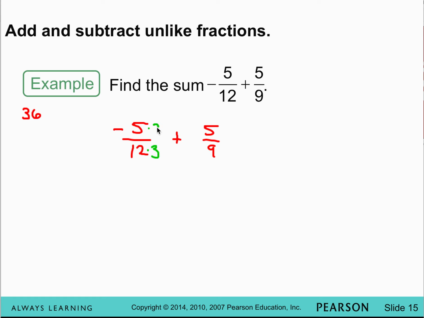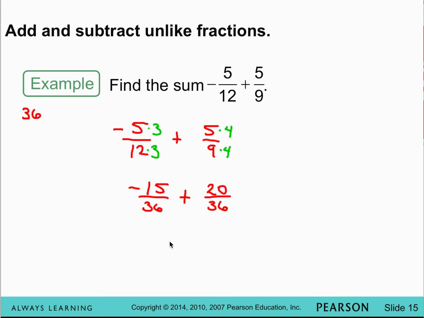Once I figure out what I'm doing to the bottom, I do the same thing to the top. 9 times 4 is 36, so that's what I have to do to the numerator. Now that makes this fraction negative 15 36, and this one is 20 36ths.